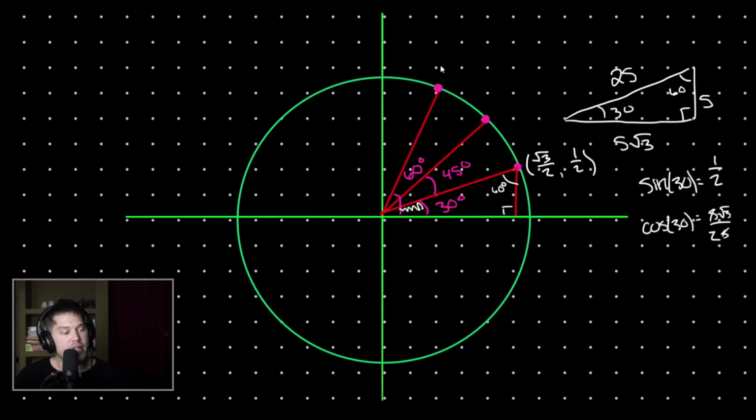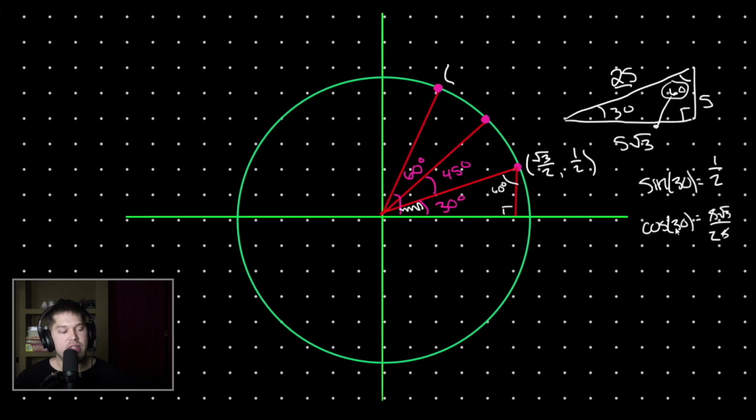Similarly, we can find the coordinates for this point here, cosine of 60 degrees and sine of 60 degrees. Here we still have our special right triangle, but instead we're looking from this vantage point. So sine is opposite over hypotenuse. So from our 60 degrees, sine will be s root 3 over 2s.